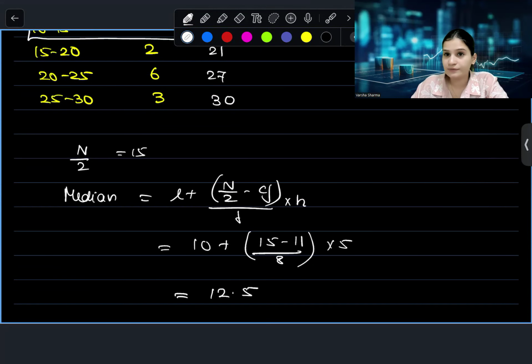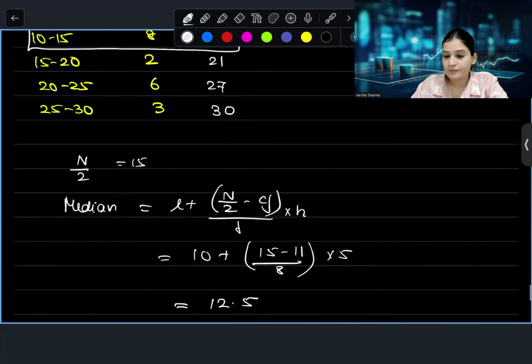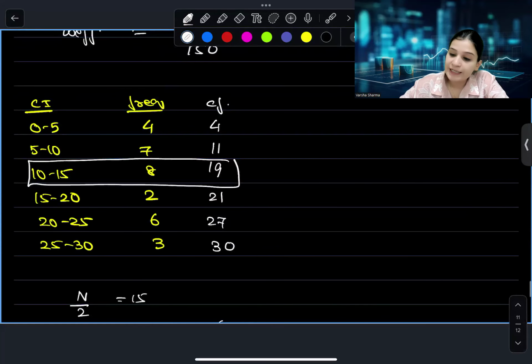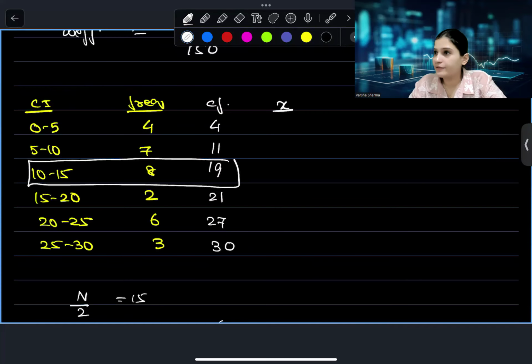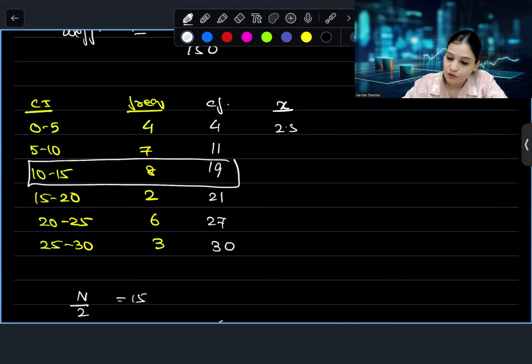All of you got the answer? Now first we need x so that we can calculate the deviation. x is the mid value. Mid values of these are 0 plus 5 by 2, 2.5, 7.5, 12.5, 17.5, 22.5, 27.5.